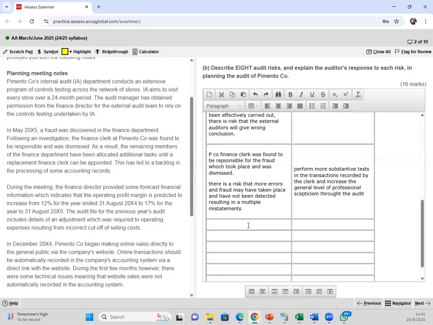The audit file for the previous year audit includes details of an adjustment which was required to operating expenses resulting from incorrect cut-off of selling costs. So it's showing that last year there were cut-off issues, where the selling costs were not recorded in their rightful period.